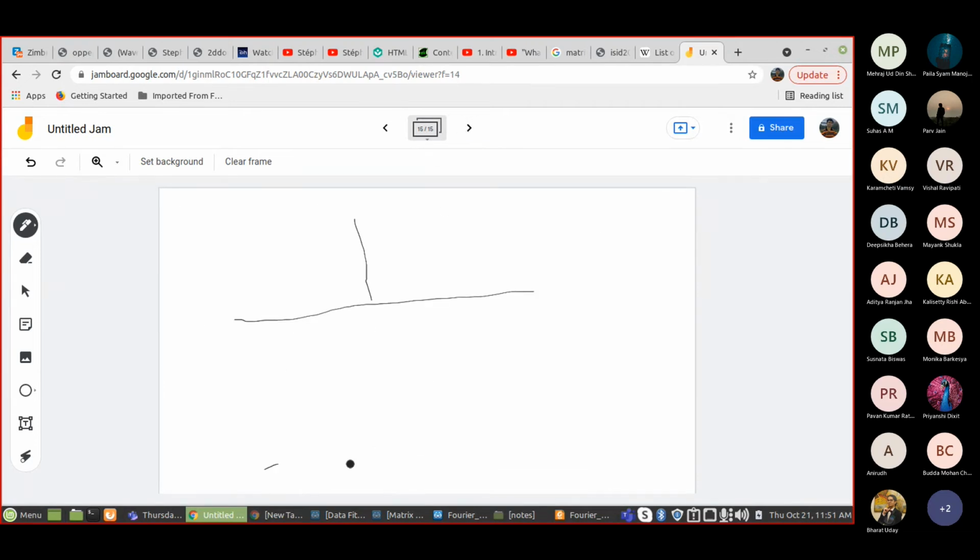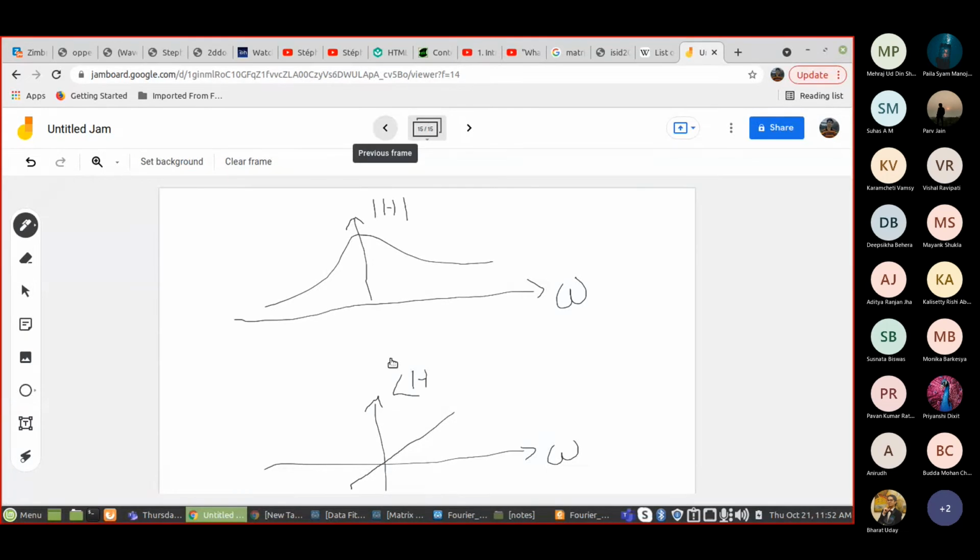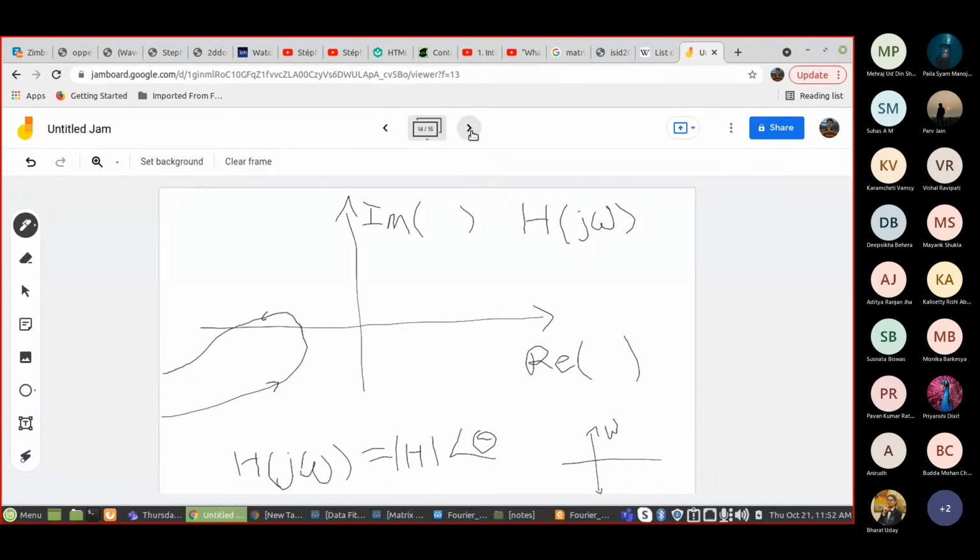Now you can plot them separately. This is, for example, the magnitude of H(j omega) against omega. This is the magnitude response. Something like this. And this is the angle of H, also called the phase response, maybe linear, something like this, against omega. These terms you will see repeatedly: magnitude response, phase response, frequency response. So this is what it is.